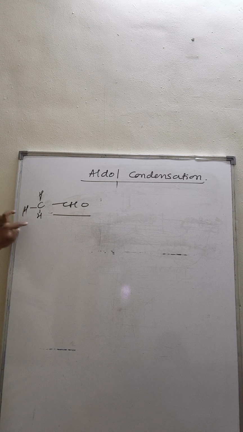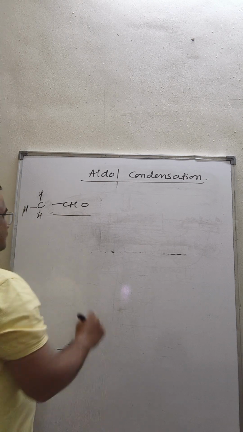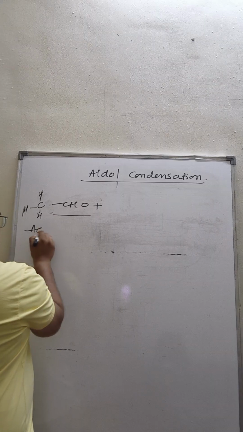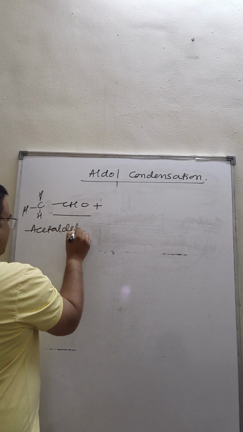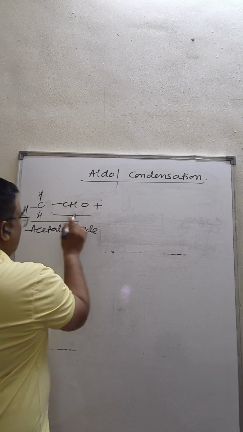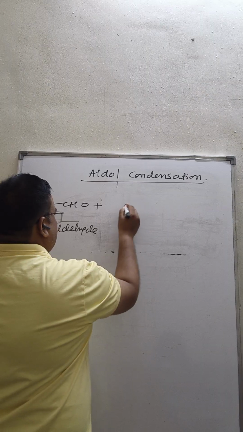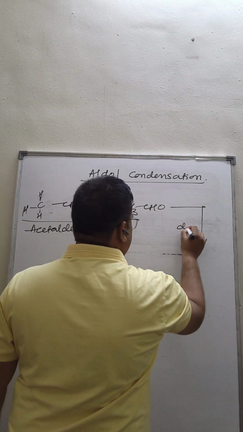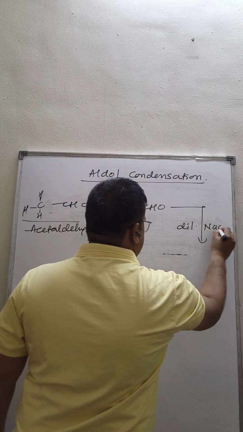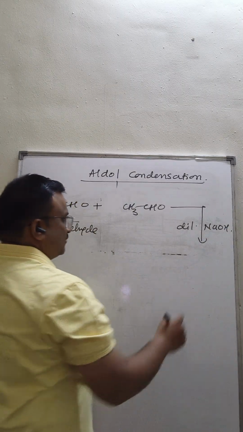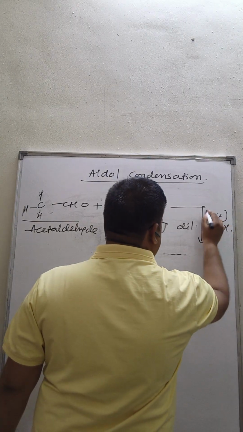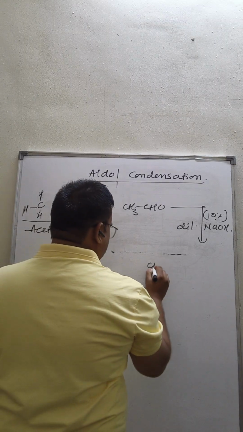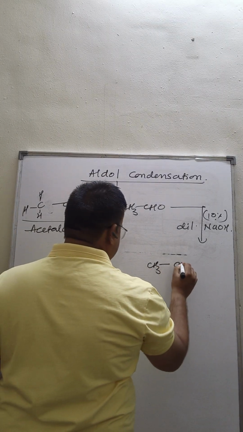So we have three alpha hydrogen atoms here, and when this acetaldehyde molecule reacts with another acetaldehyde molecule in the presence of dilute alkali, that is NaOH or KOH, that should be 10% dilute, my friends.